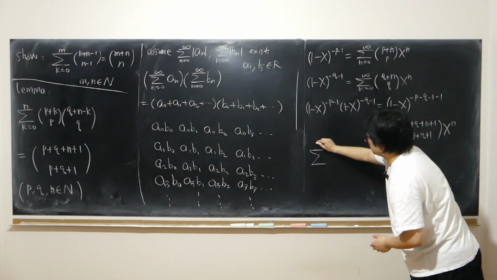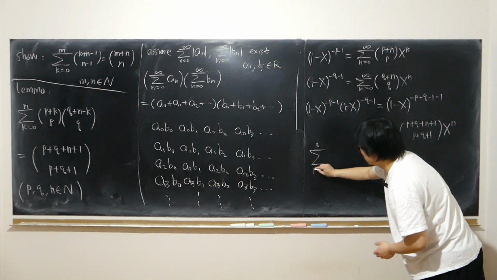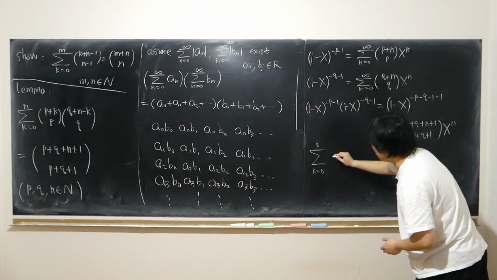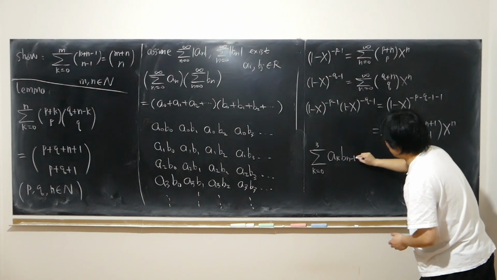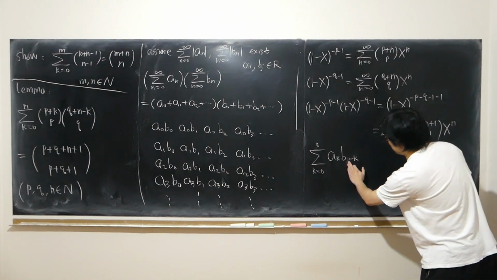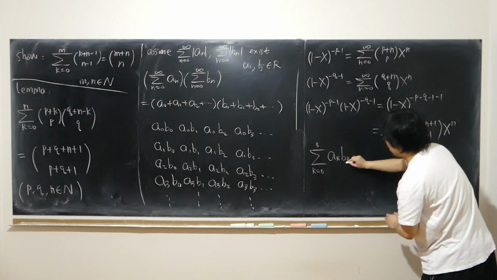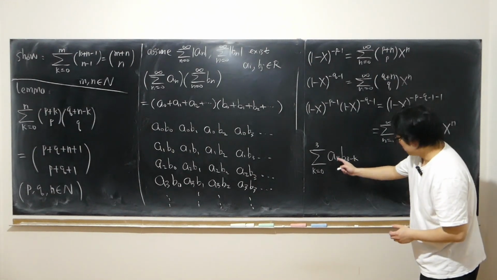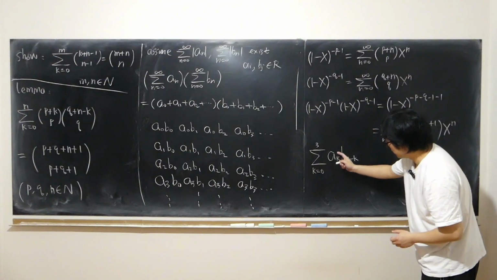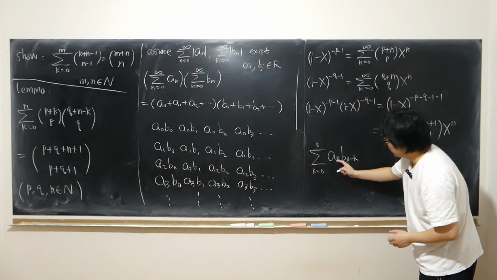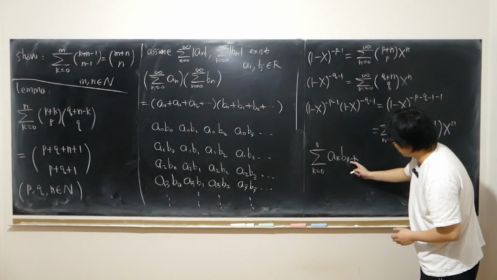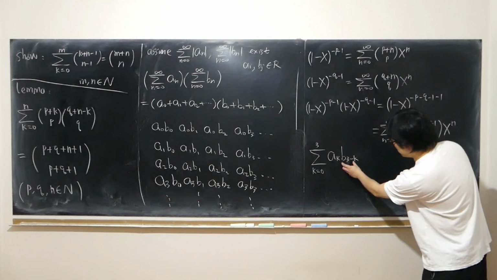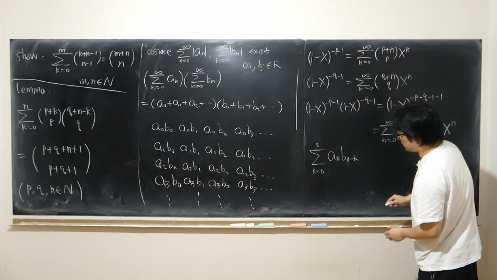So if we fix 3, k goes from 0, a_k times b_(3 minus k), for example. Like I said, the subscript of A keeps increasing, 0, 1, 2, 3, the subscript of B keeps reducing, 3, 2, 1, 0, but they always add up to 3.